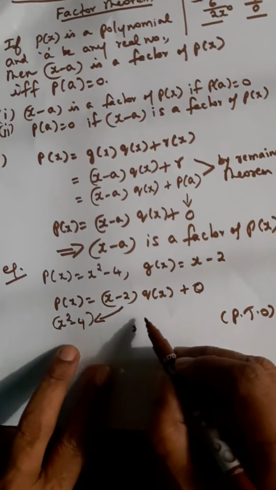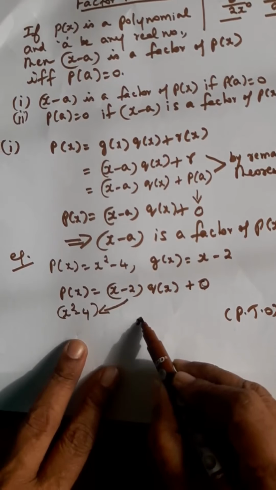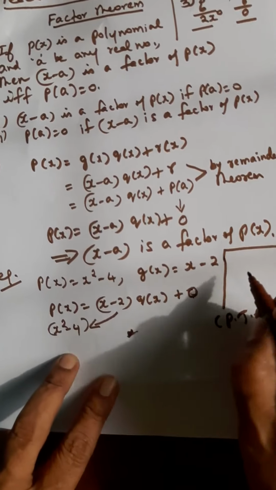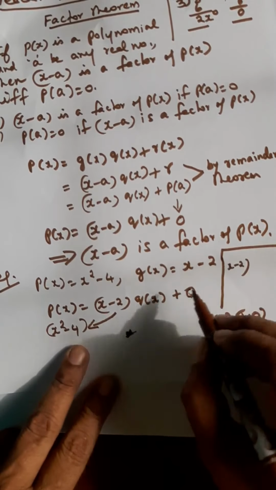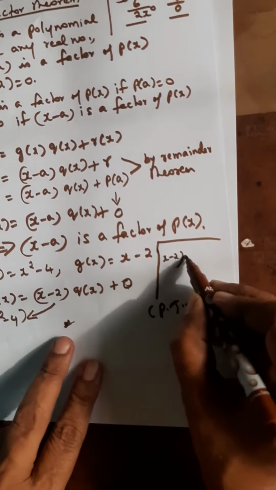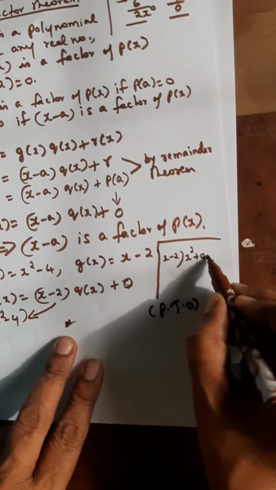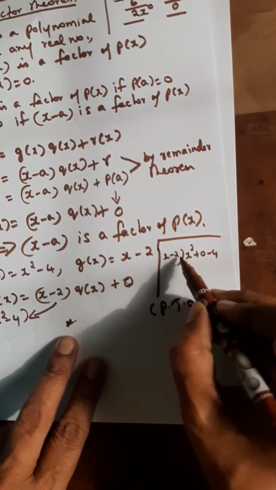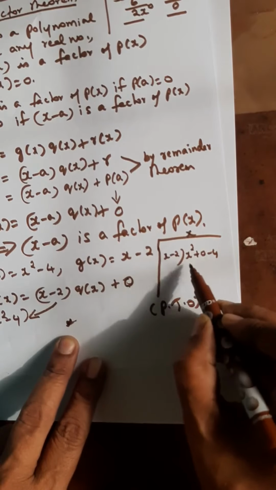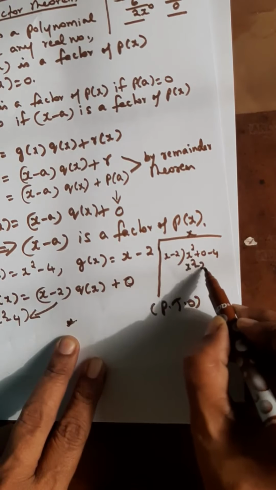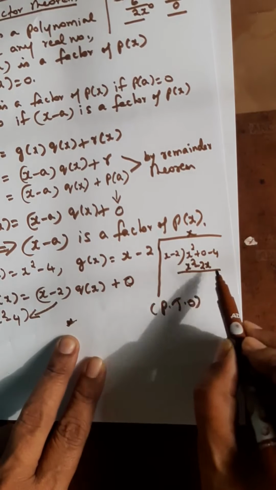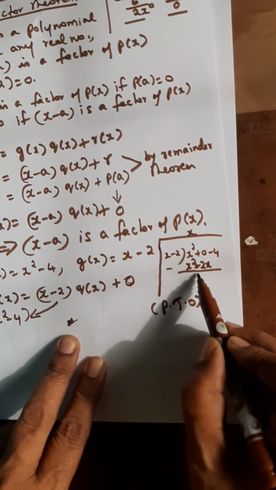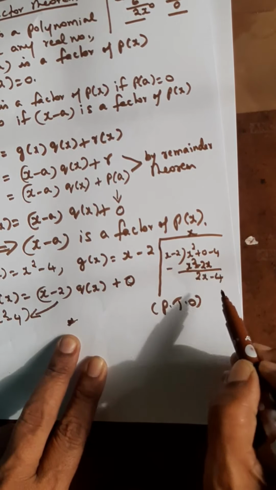Let me do the division here. x minus 2 into x squared minus 4; there is no x term, so put 0, minus 4. x into x gives x squared minus 2x. Now subtract: minus minus becomes plus, so I get plus 2x minus 4.